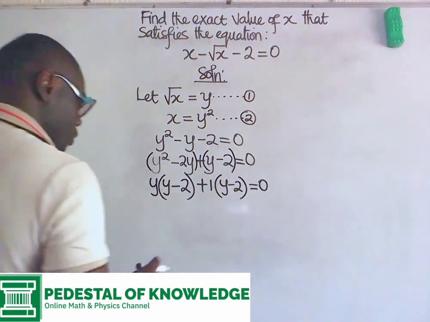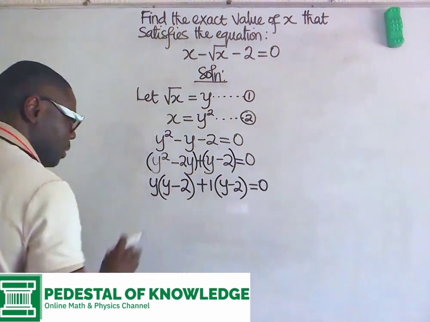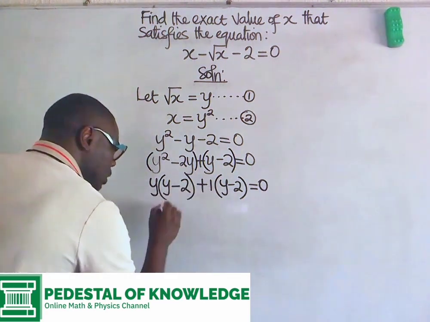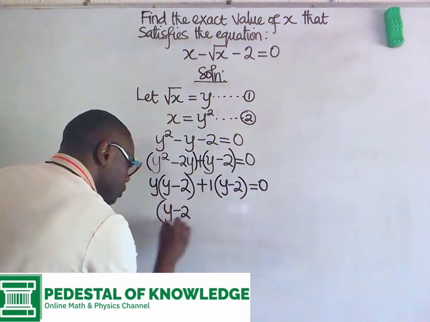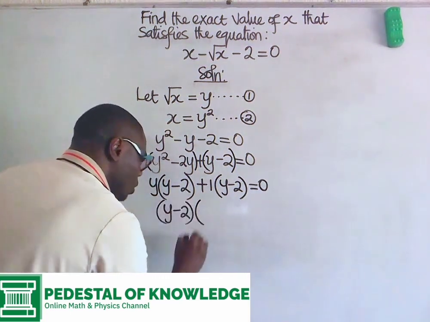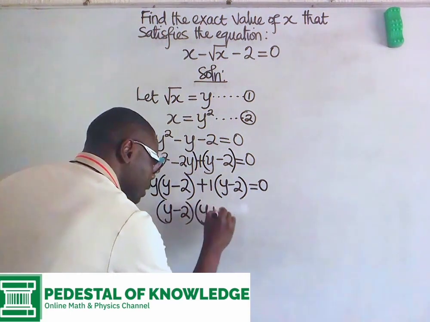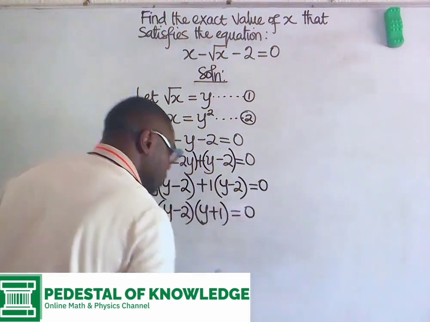Okay, now we bring out the common terms. So we have y minus 2 multiplied by y plus 1 is equal to 0.